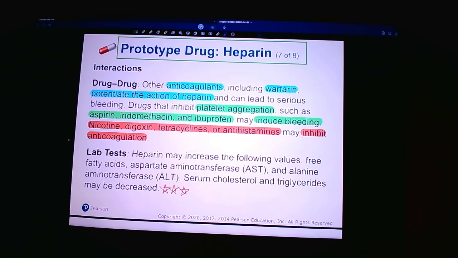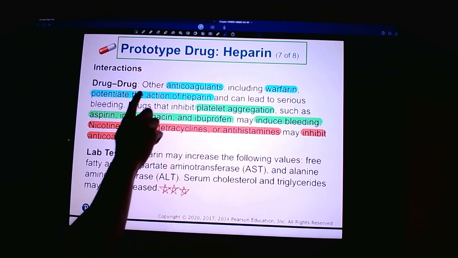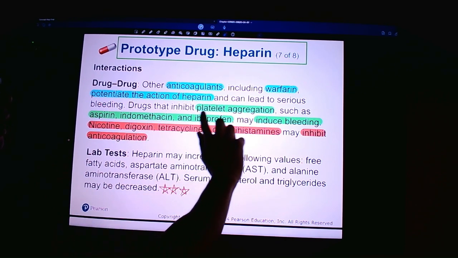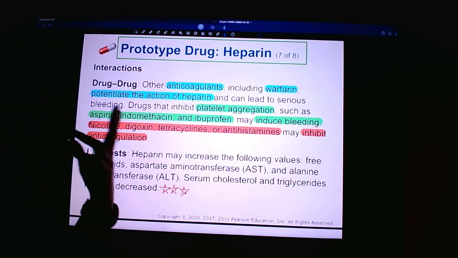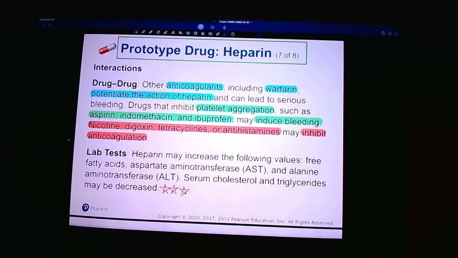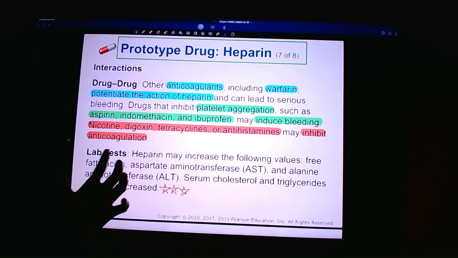You guys are going to see this a lot, like given with other anticoagulants or other antiplatelets. Just even hearing that out loud, what does that mean? You're just going to bleed more. So I'm probably not going to keep repeating that over and over because it's kind of self-explanatory, really. Of course, if you take one anticoagulant and then merge it with another anticoagulant and then take it with an antiplatelet, you're just going to make bleeding worse, right?